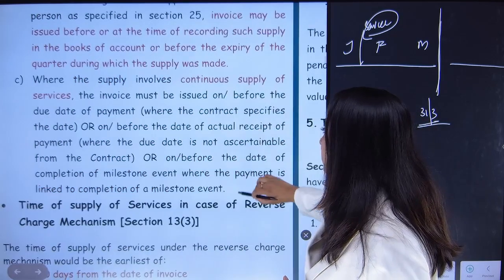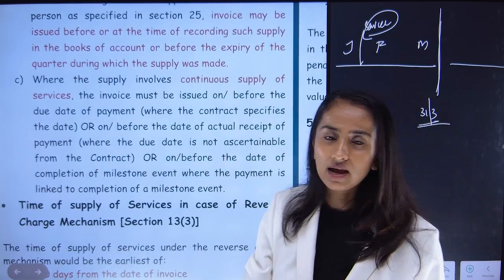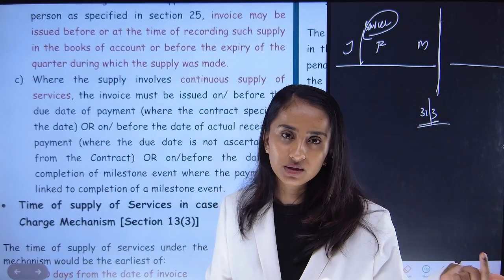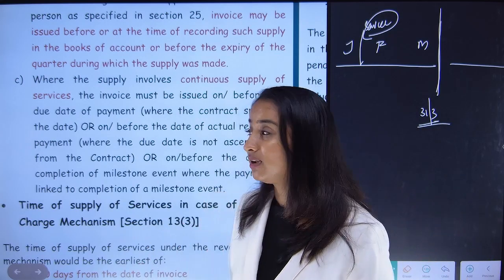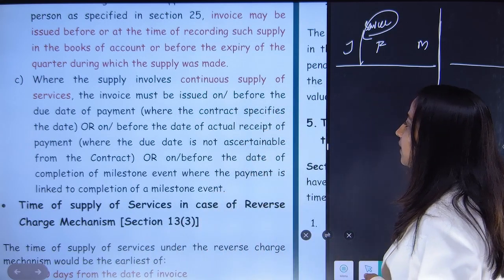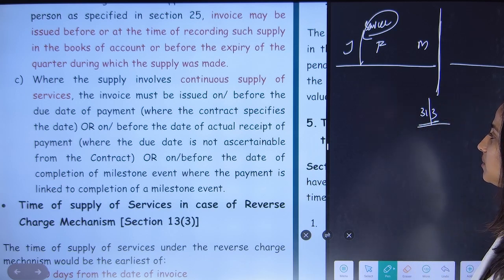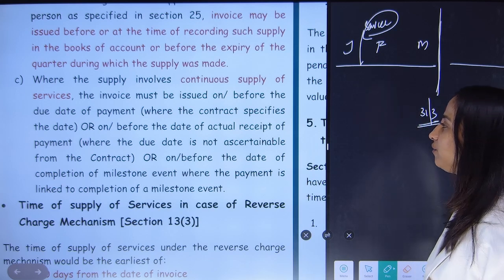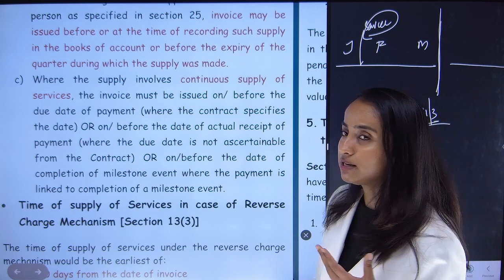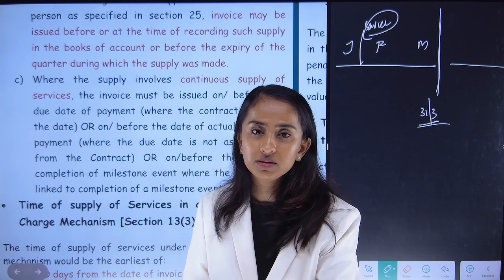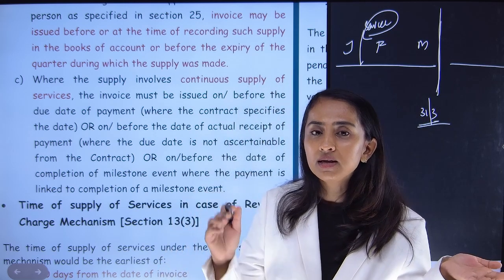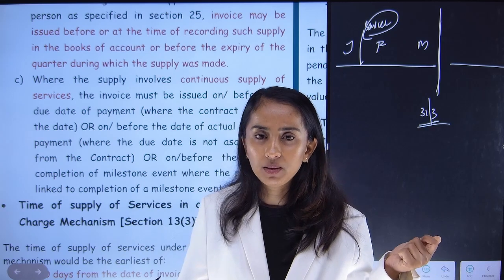Next, if it is a continuous supply of service, let's say I have a contract, I will tell every month I will do this. At the end of 6 months, you pay me. It is a continuous contract, right? Here, if the due date is specified, invoice must be issued before the due date of payment. That is, let's say there is a contract and it says the due date of payment is in the next 3 months. Now it is January, let's say, within March you should make payment.